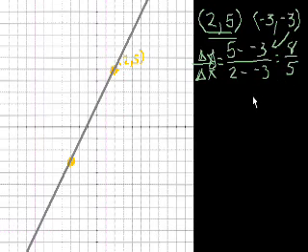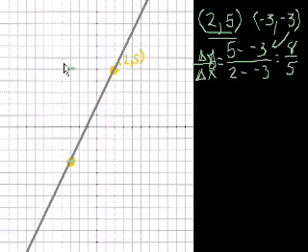Let's figure out what the rise and the run is. If we were to start at this point right here, let's see how much we have to rise to get to the same y coordinate as the other point. We're here, and the other point is up here.